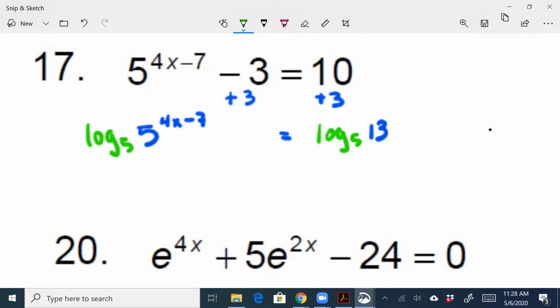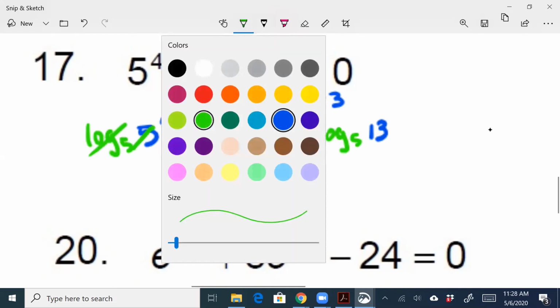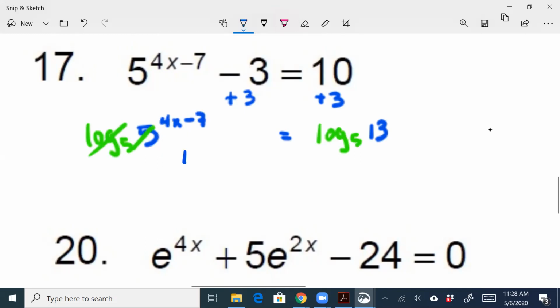We do that to get rid of this 5 here. So that takes care of that 5, and it leaves 4x minus 7 on the left is equal to log base 5 of 13.